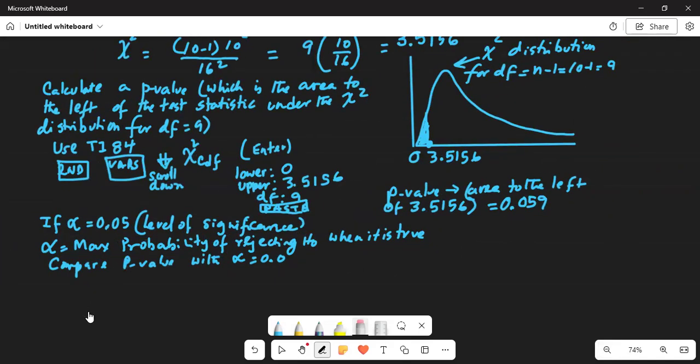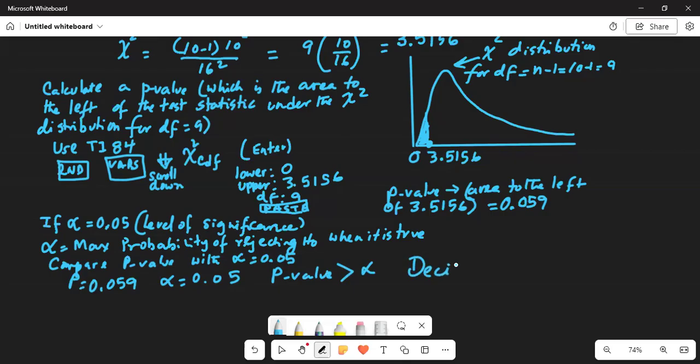So with alpha equal to 0.05, P is equal to 0.059. Alpha is 0.05. P value is greater than alpha.